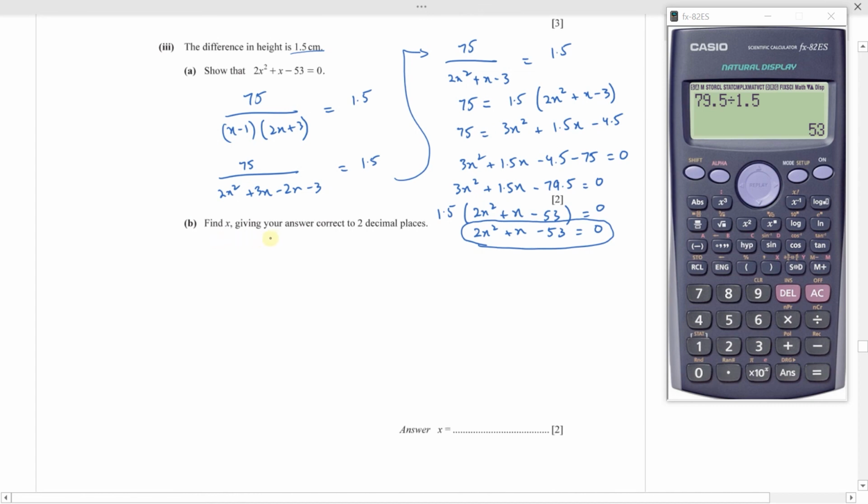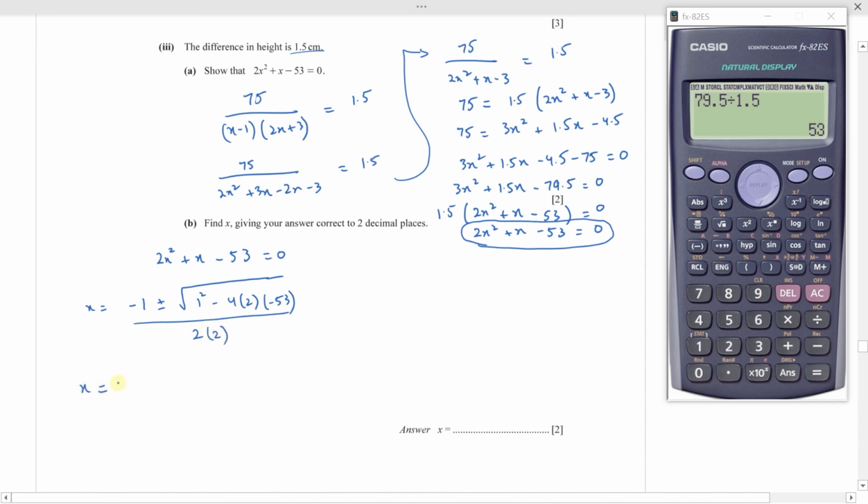Part B is find x, giving your answer correct to 2 decimal places. So we have to basically solve this quadratic equation that we found in the previous part, 2x squared plus x minus 53 equals 0. So we can use the quadratic formula. So x will be minus b, which will be minus 1, plus minus square root of b squared, which is 1 squared, minus 4 into 2 into minus 53, over 2 times this 2.